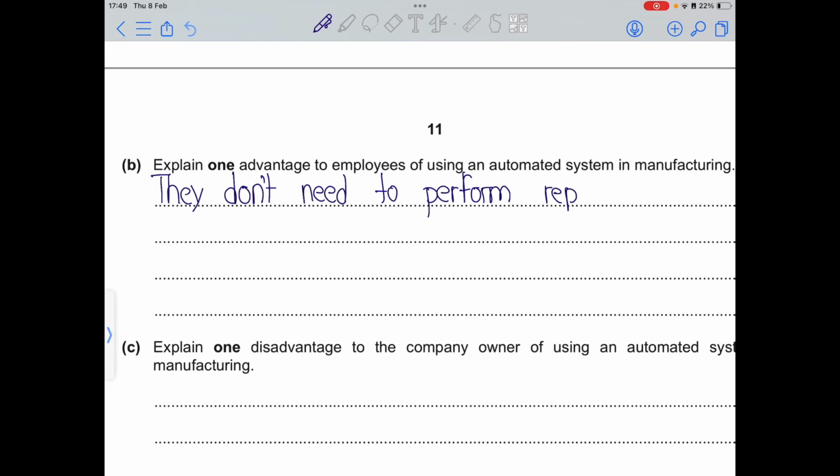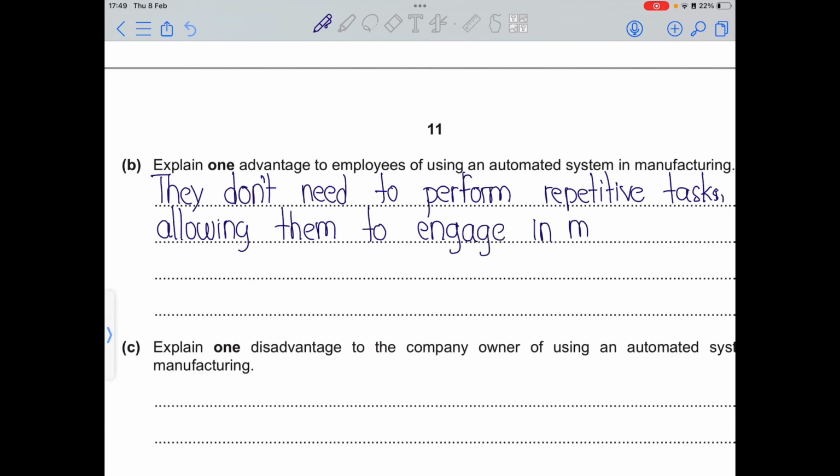No, you can say repetitive tasks. They do not need to perform repetitive tasks, allowing them to engage in more skilled tasks or jobs.